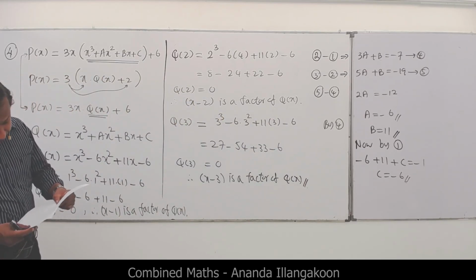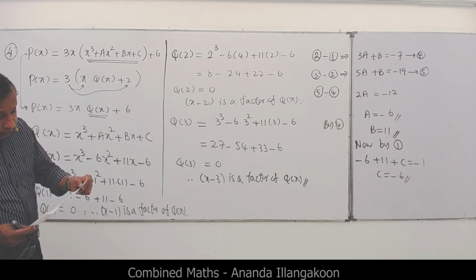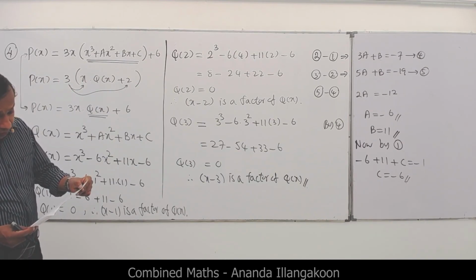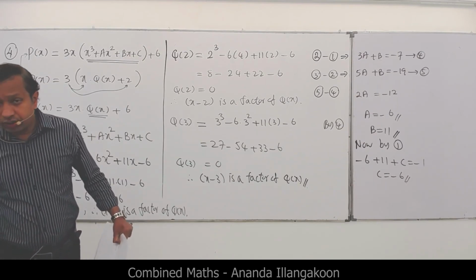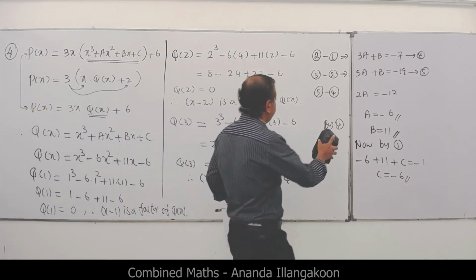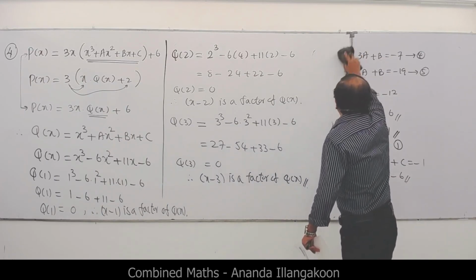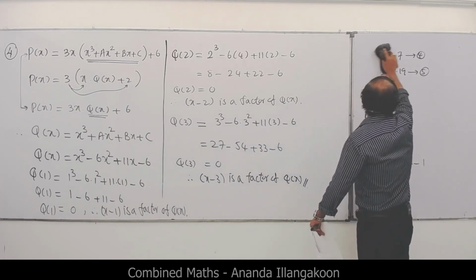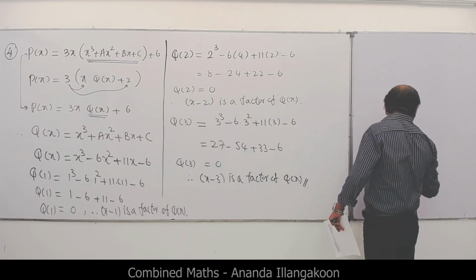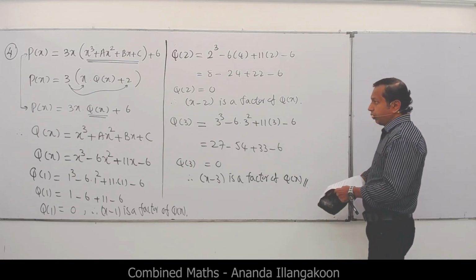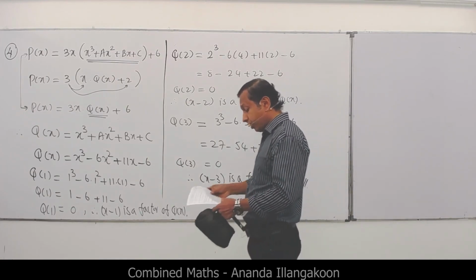Now people are asking what is next. Also find the quotient and remainder when Qx is divided by x squared plus 1. Now we can go to the long division method. Qx is divided by x squared plus 1.